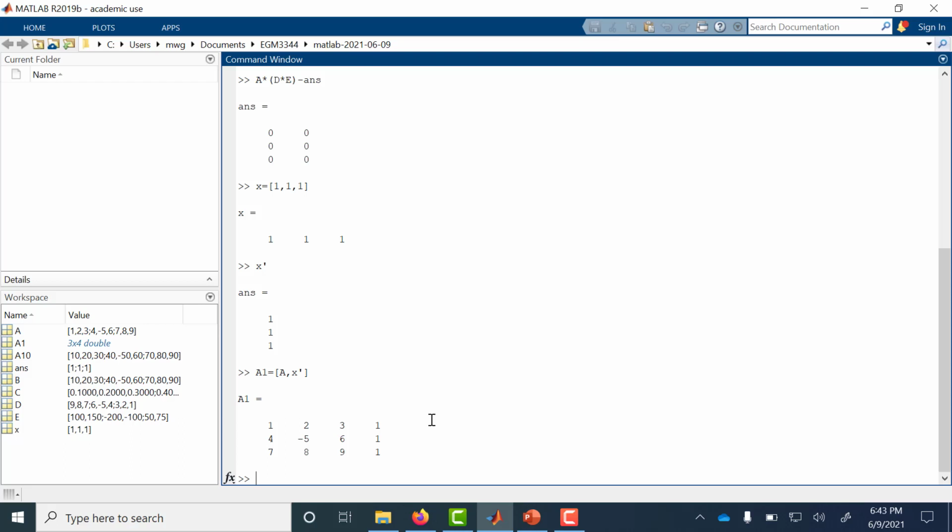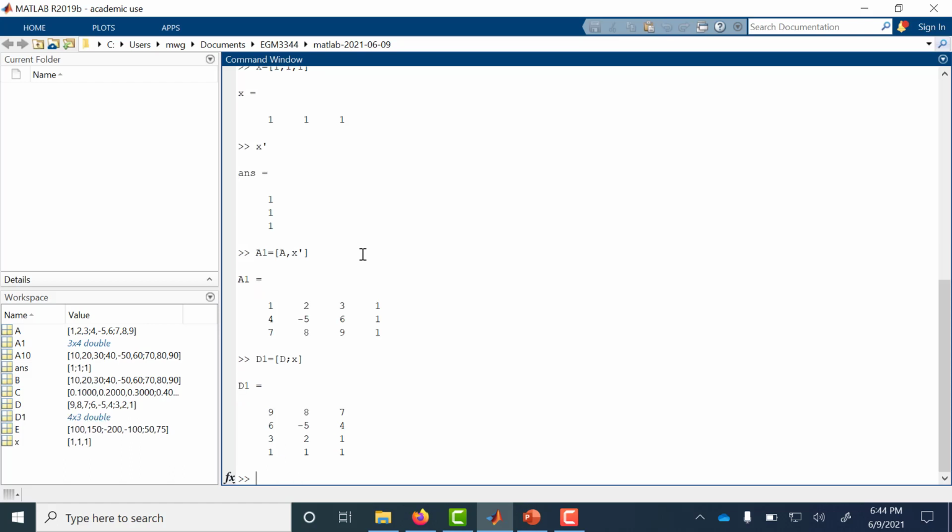Then D1 is going to be the D, and I want to add a row, so instead of concatenating with a comma, I'm going to do a semicolon, and then I'm going to go with an x, because that was the row. See what that looks like. Okay, so I've added the one down there.